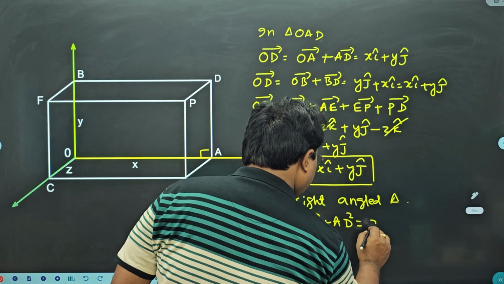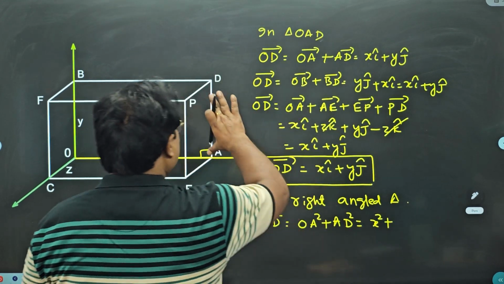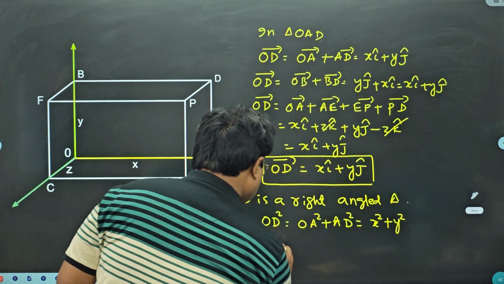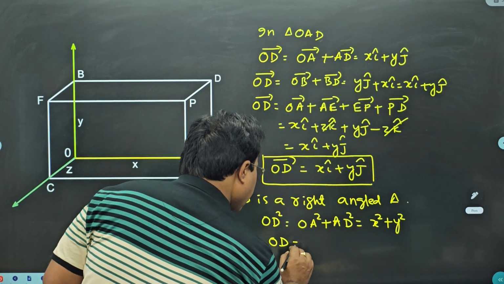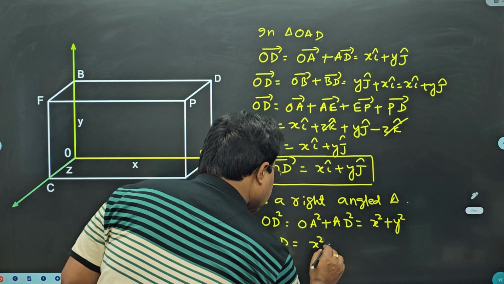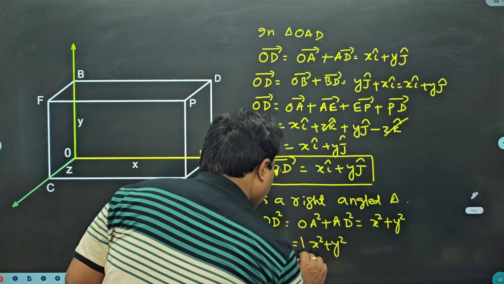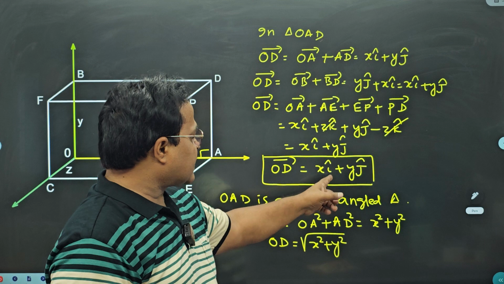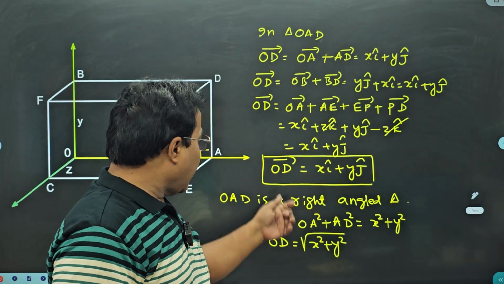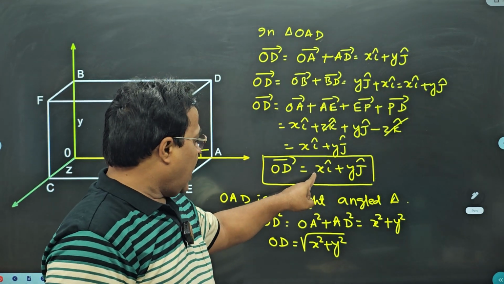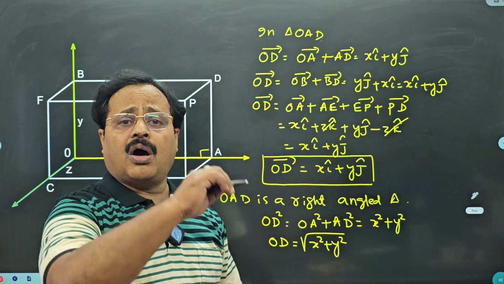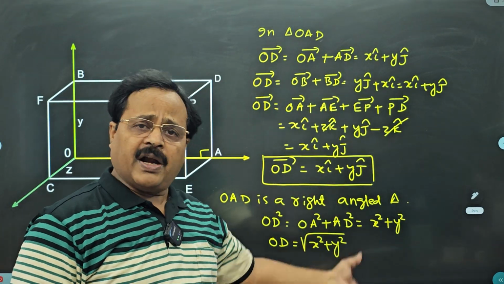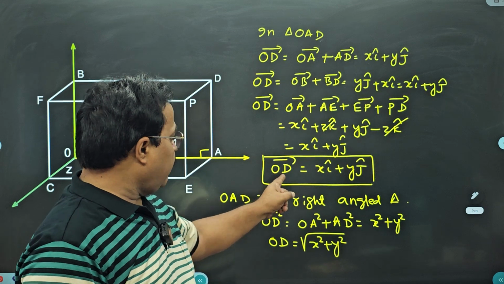What is the magnitude of OA? X square. What is the magnitude of AD? Same as that of OB, Y square. Then what is the magnitude of OD, my dear students? This is under root X square plus Y square. So, if a vector is represented as xi cap plus yj cap, what is the magnitude of that vector? Under root X square plus Y square. This is how we are separating the magnitude part from this vector.